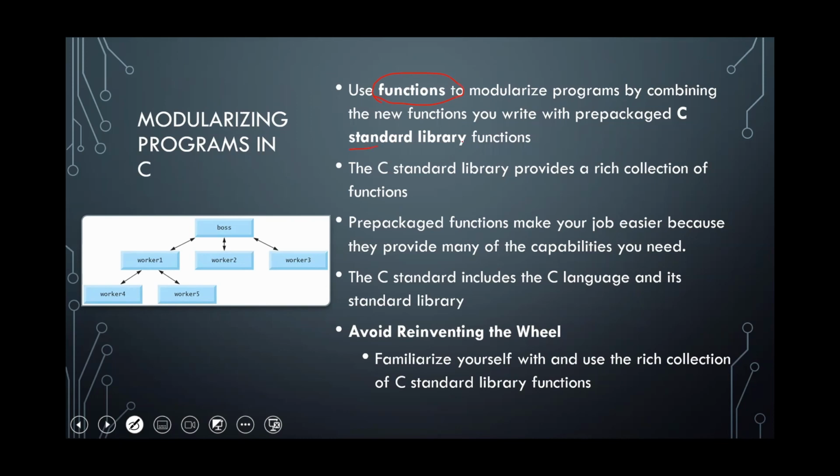We talked about standard library day one, and we haven't really come back to that. We're going to get a little bit more into standard library as we go on. Okay, the C standard library has a bunch of different things that we can use, so we don't have to redo something that's already been done. And it is prepackaged. It's going to make your job easier. You're just going to use something that someone's already tested and shown to work.